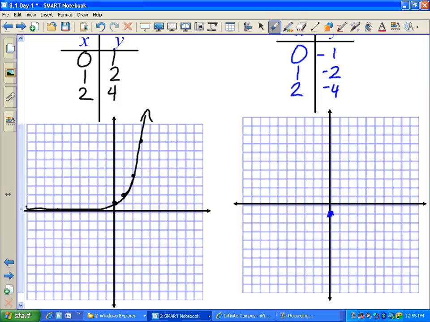Zero, negative 1; 1, negative 2; 2, negative 4. Now my graph, instead of being right on top of the x-axis, it's right below the x-axis. And it goes off like that.